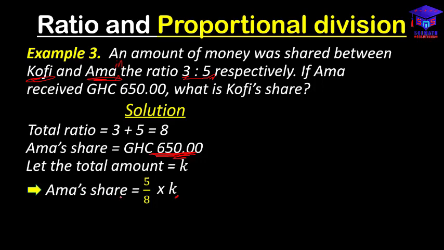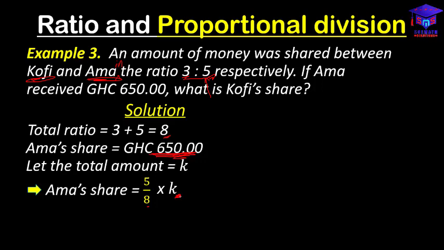What is Ama's fraction? The ratio that corresponds to Ama over the total ratio. So 5/8 is Ama's fraction, times the total amount that they're supposed to share, is what will give us Ama's share. For example, if they are sharing 1,000, Ama's share will be 5/8 times 1,000. If they are sharing 10,000, Ama's share will be 5/8 times 10,000. But we don't know the total amount that they are sharing, so we'll let it be K.